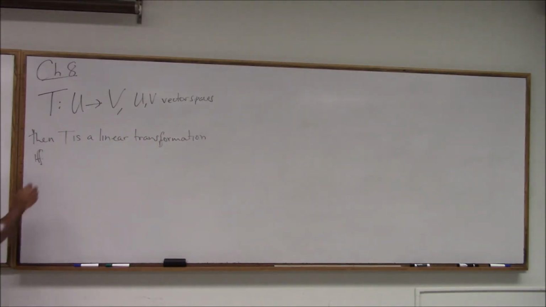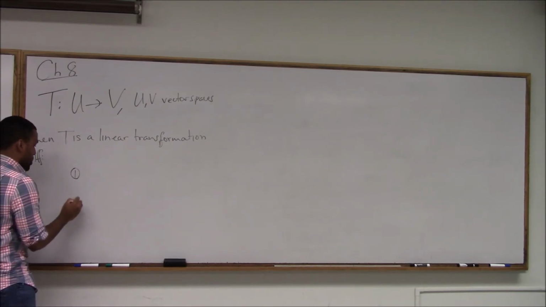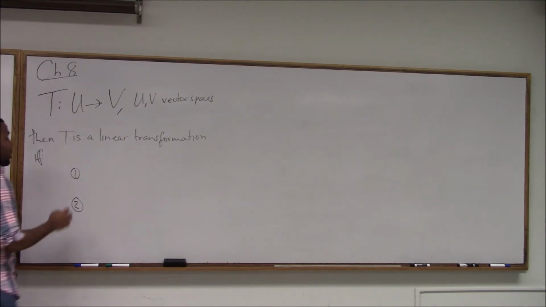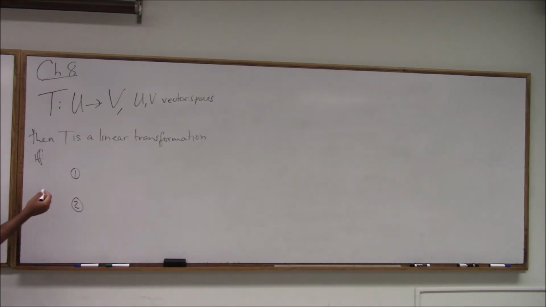What has to happen for T to be a linear transformation? It has to satisfy two properties. It distributes over addition and scalar multiplication.